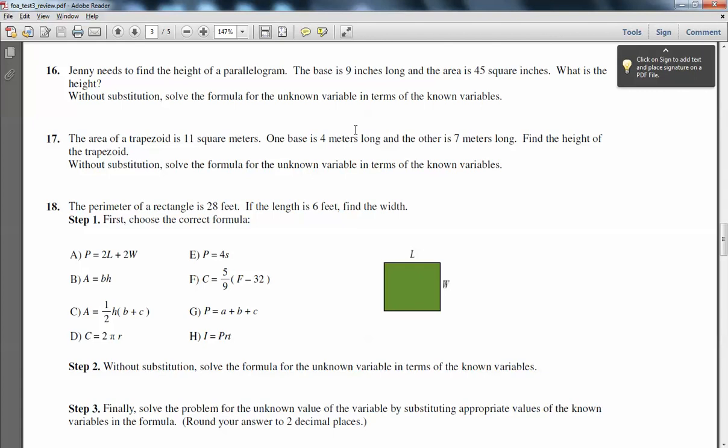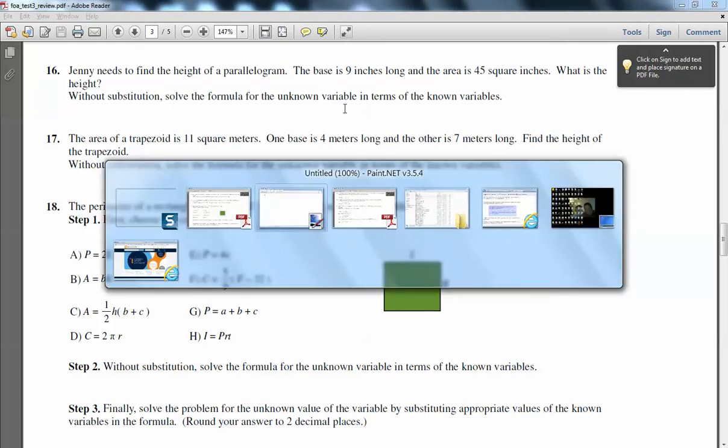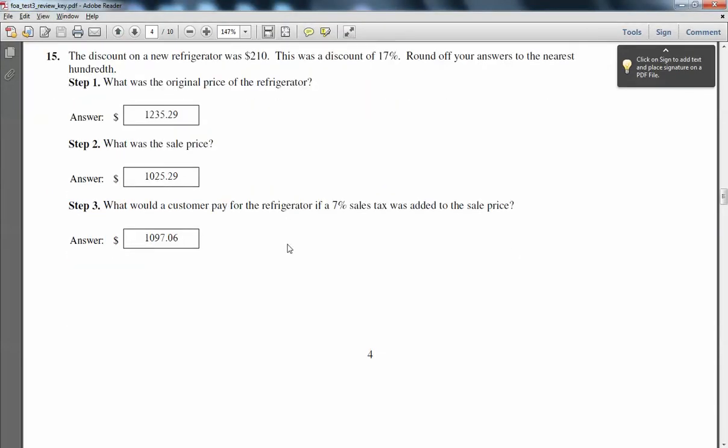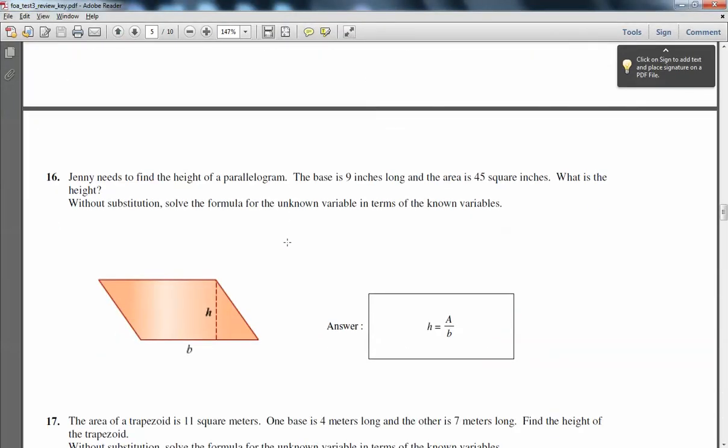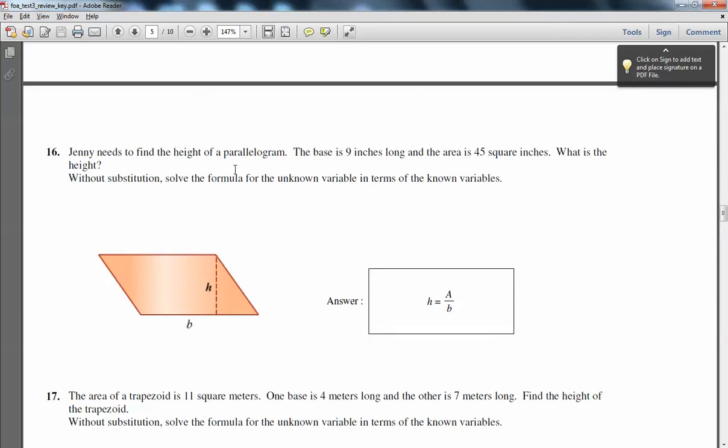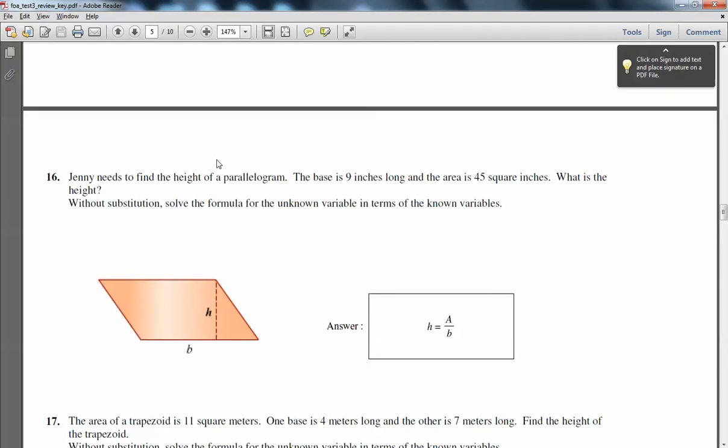Okay, I'm going to cheat. I don't remember the formula for that. Formula for a parallelogram. Okay. Parallelogram.